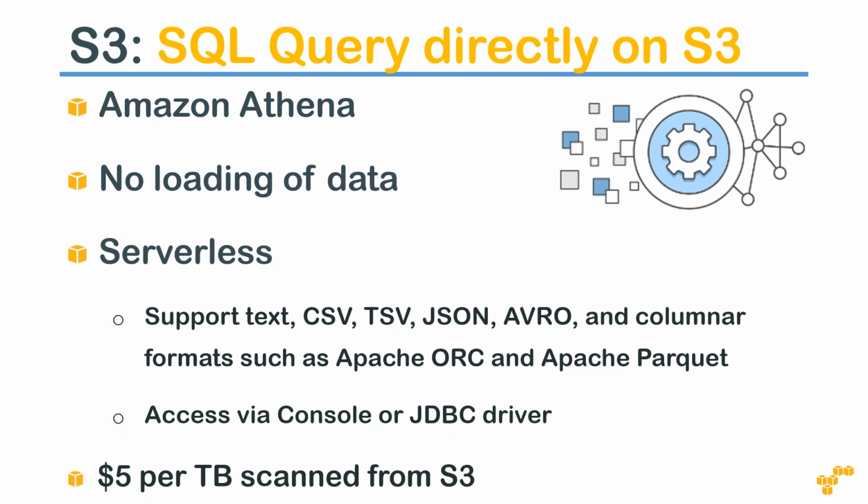If you divide 5 by 1024, even for 1 gigabyte you are talking about way less than a dollar, a few cents for 1 gigabyte of data scanned. So if your customer wants to store data and query it, you can use Amazon Athena and S3, or you can put it into Glacier and use something like Redshift, that is also possible. But if you want to query directly on S3, Athena is your only option, and it is also cheap.